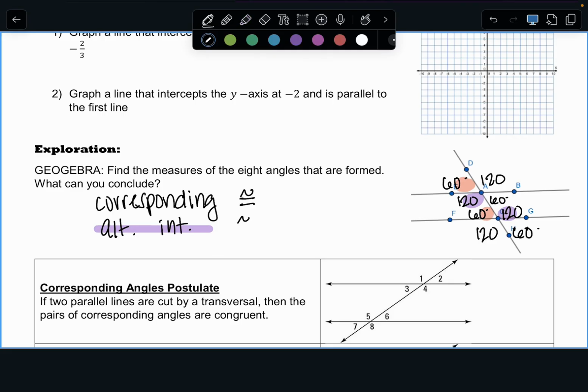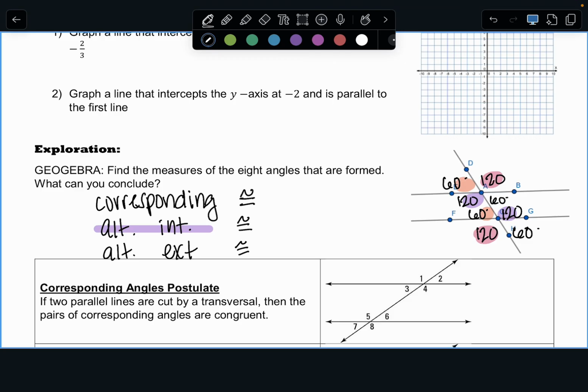Congruent. What about alternate exterior? Congruent. That's like they use 120s right here. Alternate exterior. They're congruent. So when we have two parallel lines, corresponding angles, alternate interior and exterior angles are congruent.